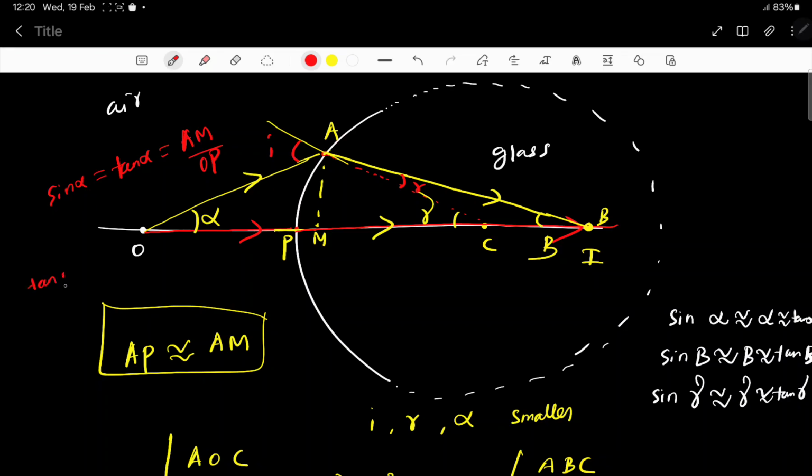Similarly, tan of beta: consider this part of the triangle. The tan of beta equals the opposite side AM over the adjacent side PI. Similarly, tan of gamma, consider this part of the triangle now. Tan of gamma equals the opposite side AM over the adjacent side PC.